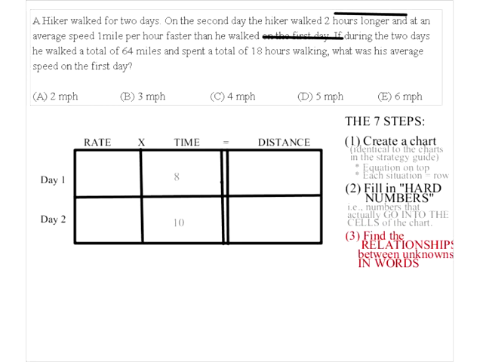Don't define a variable yet. So the way that I do this in my 7-step method is I just use the word relationship, and I actually create a separate row of the chart that says relationship. So it's like having a third row in your chart, but we're going to fill this row with words instead of with numbers.